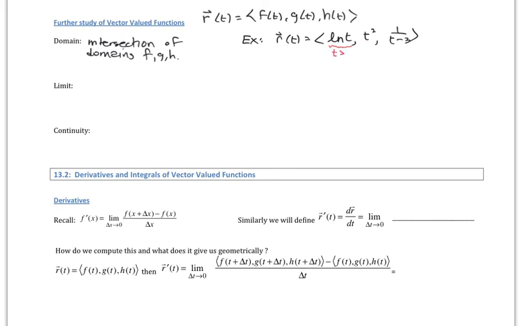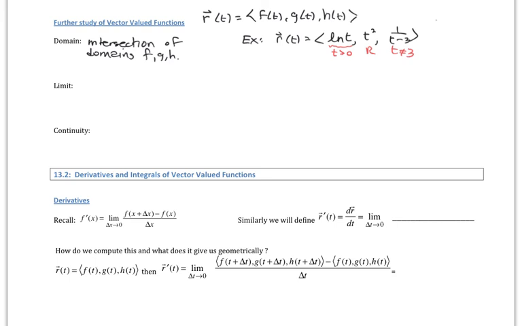The argument has to be strictly positive. T squared, the domain is all real numbers. And this third component, the domain is all real values except for 3. So if we put that all together, we have to have positive numbers, but not 3. All positive numbers except 3. That would be the domain.